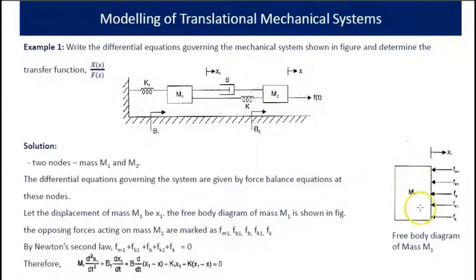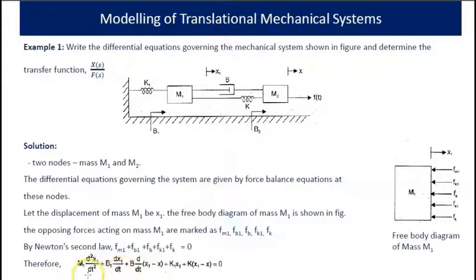So the forces acting at the first node are Fm1, Fb1, Fk1, Fb and Fk. These two elements are connected between two nodes, so we have to take these two elements while writing the equation for the second node also.